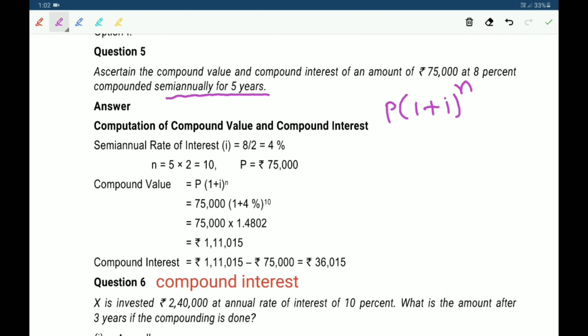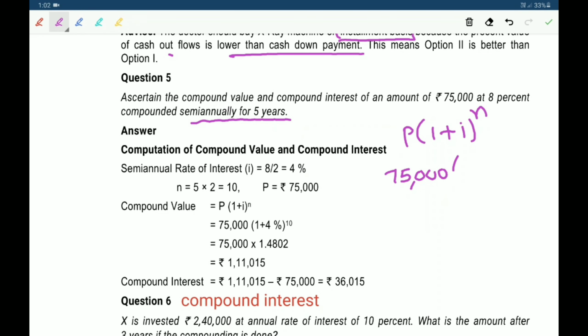Present value 75,000 rupees into 1 plus i, that means 8% compounded semi-annually. Semi-annually means 2 times in a year, that means 0.08 by 2. Okay, 5 years into, in a year how many times compounded? 2 times. So this is the answer.